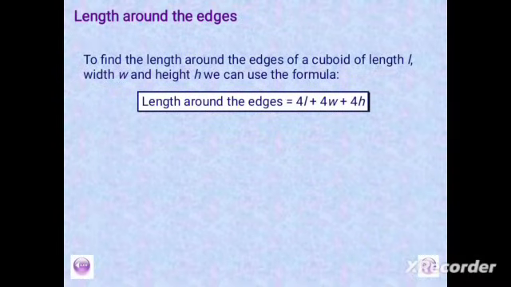And now, to find the length around the edges of a cuboid of length L, width W, and height H, we can use the formula.